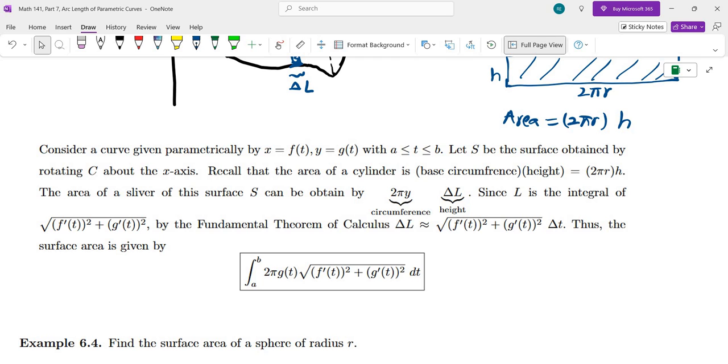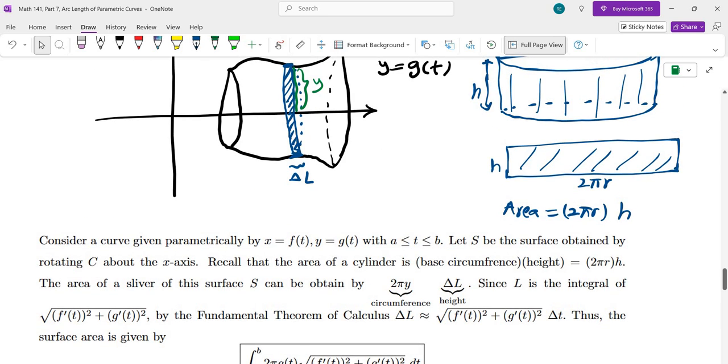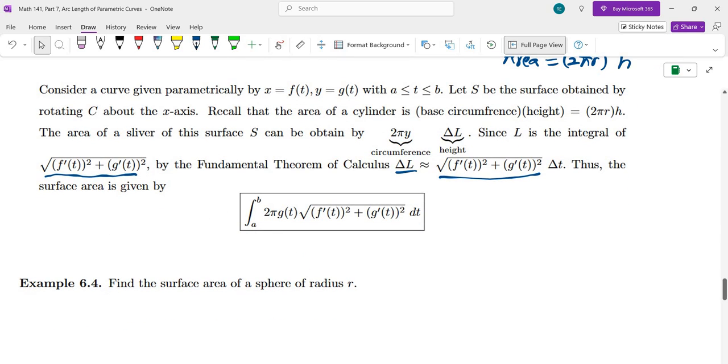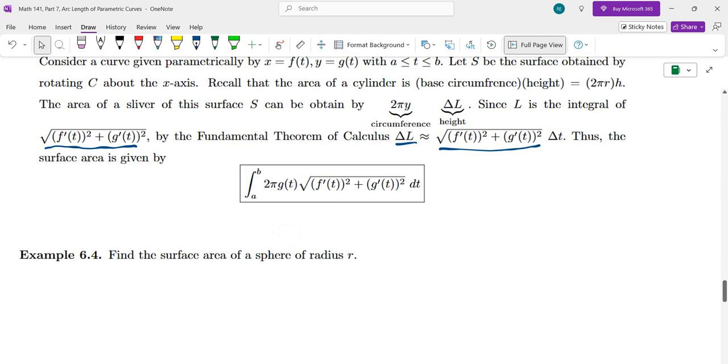The area of a sliver of the surface is going to be 2 pi y, which is the circumference, times delta L. Now, L is the integral of this, so by the fundamental theorem of calculus, delta L is going to be approximately the integrand times delta t. So that tells us that we can use the integral to find the area. It's the integral of 2 pi y times dL. This is circumference, 2 pi y.